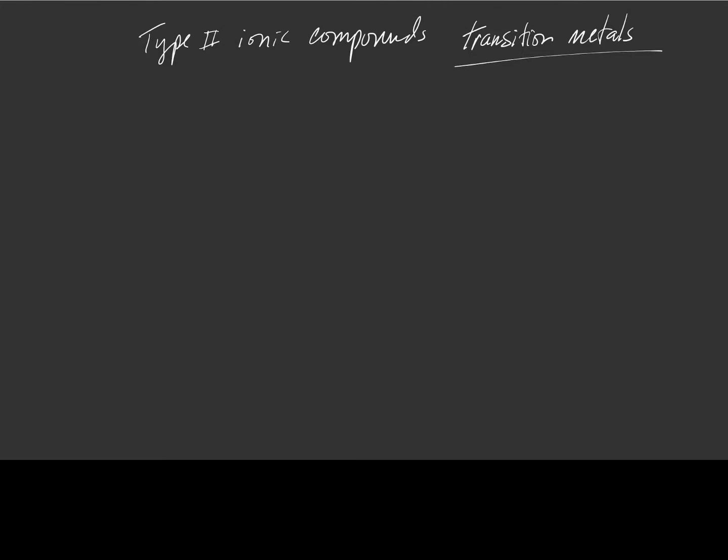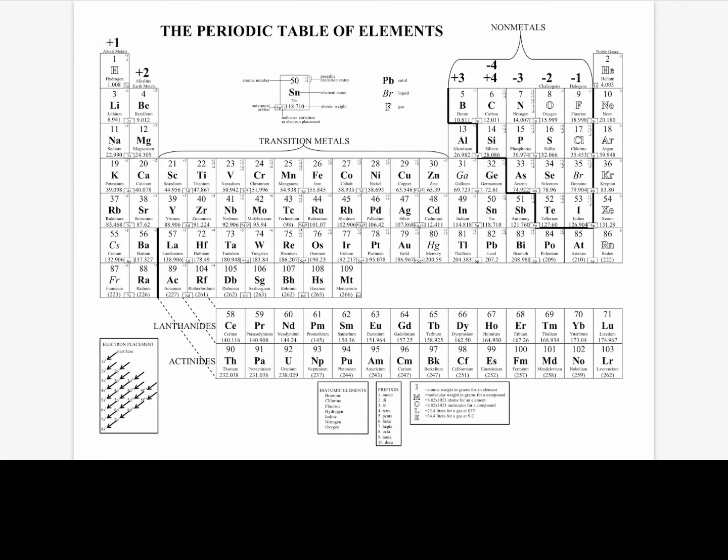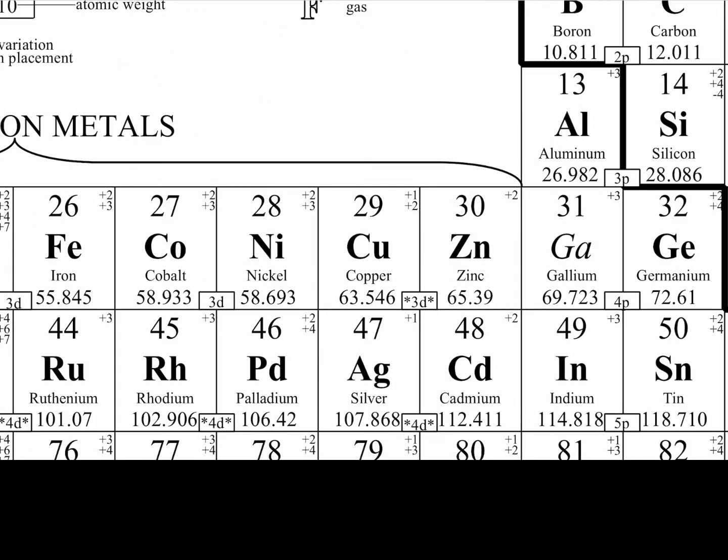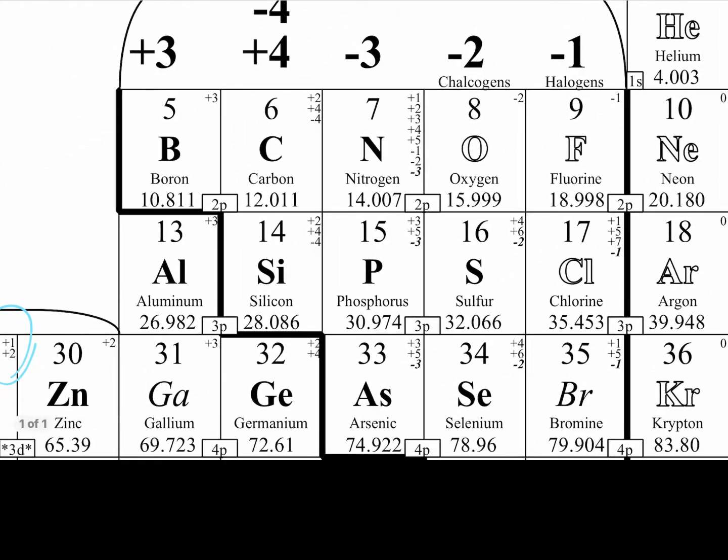Let's take copper. If we go to the periodic table and zoom in, we'll see that copper has two oxidation states. It has a +1 and a +2 oxidation state. And we'll mix it with sulfur.